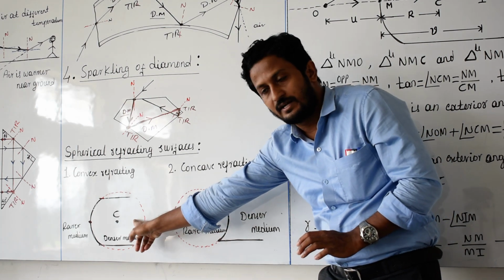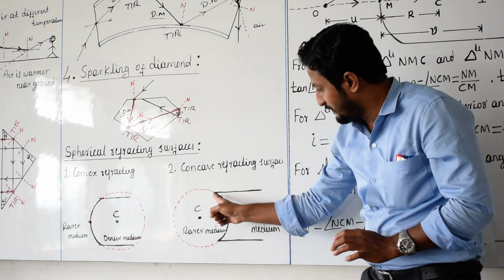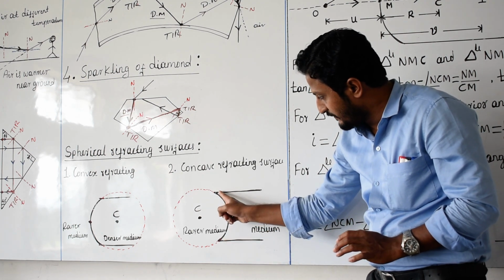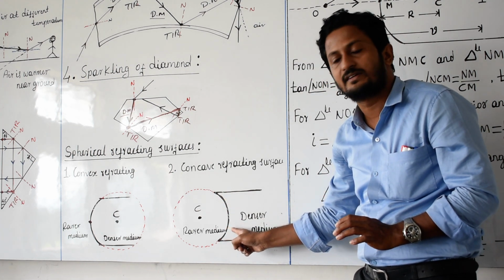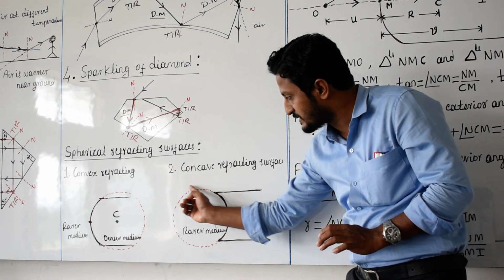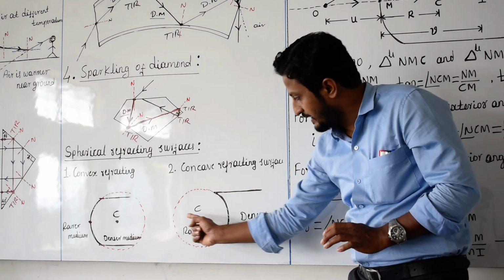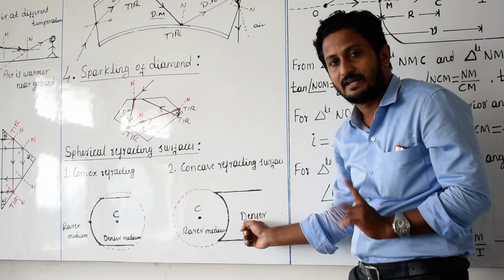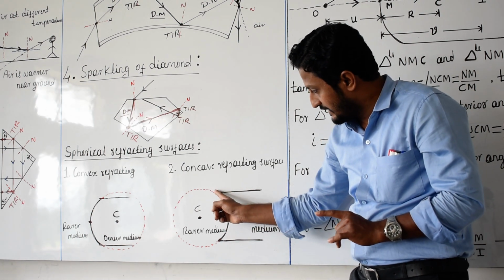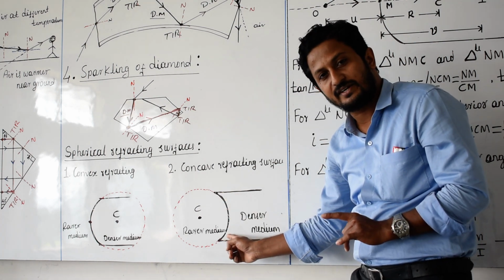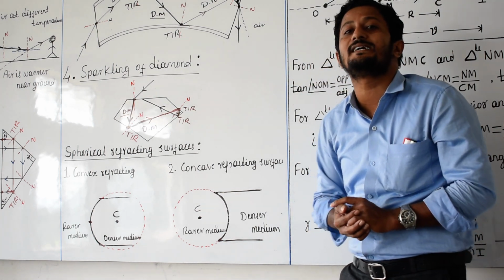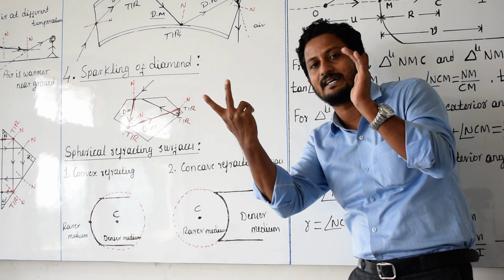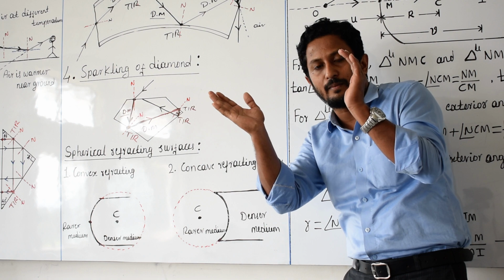Here it is. Concave means, if that refracting surface, this one from here to here, you see here, the imaginary sphere is here. Here the rarer medium is there. This side the denser medium is there. Now you see here, if that refracting surface is concave towards the rarer medium, this side right now air is there, this is the rarer medium.